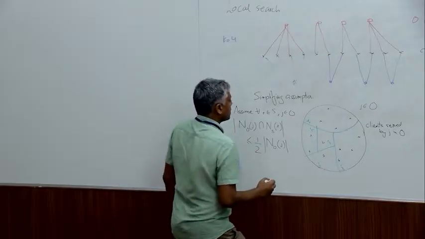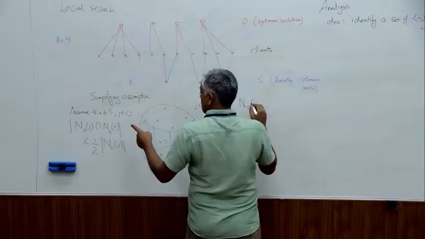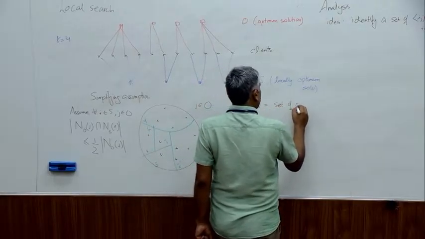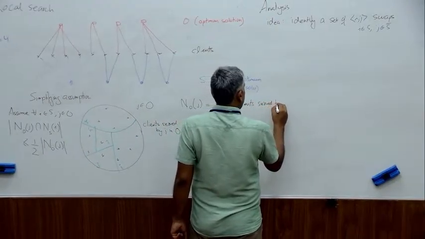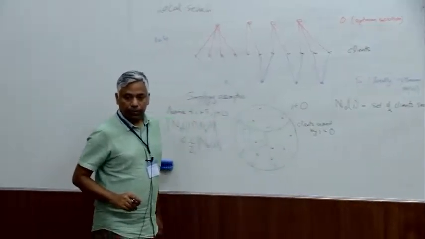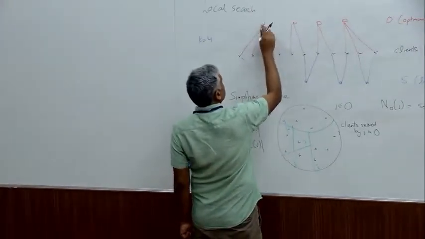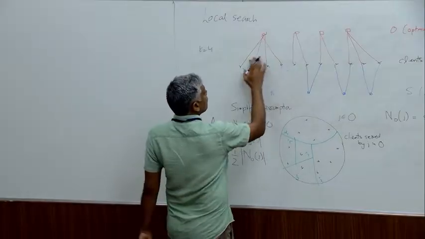Okay, what is N_O? N_O(j) is the set of clients served by j in O. In the optimum solution, if this is j, then the set of clients it is serving is N_O(j), this one.